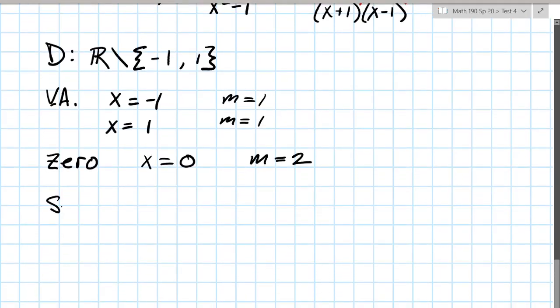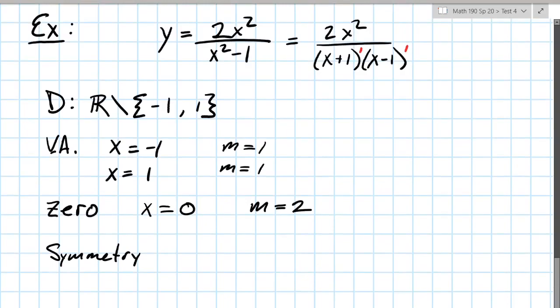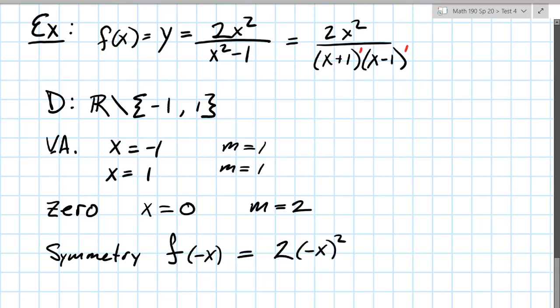Next, we have symmetry. And if we look at this equation by replacing x everywhere with negative x, that is f of -x, then we will see that this is an even function, since all of my x terms are squared.